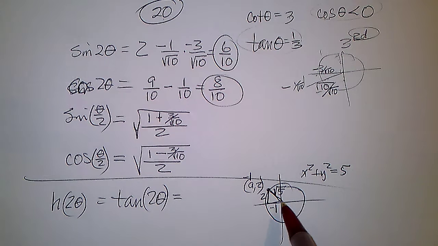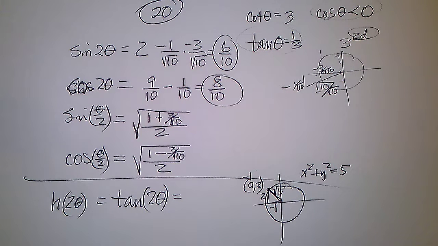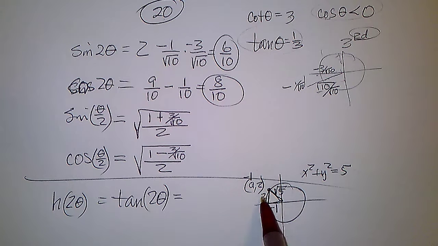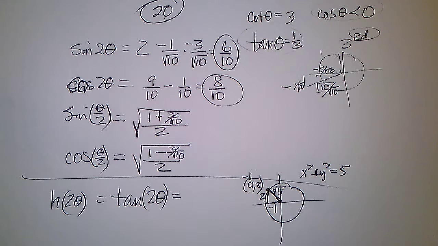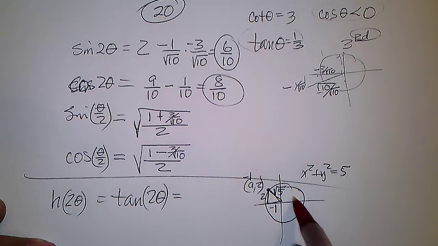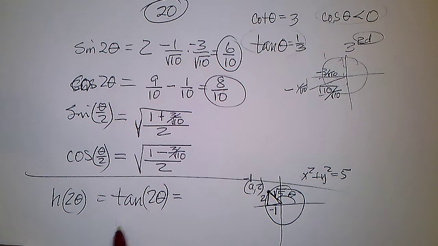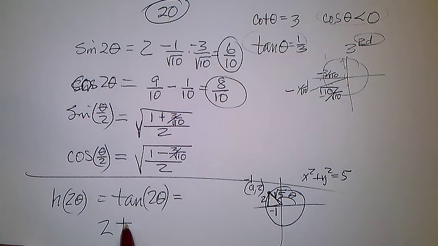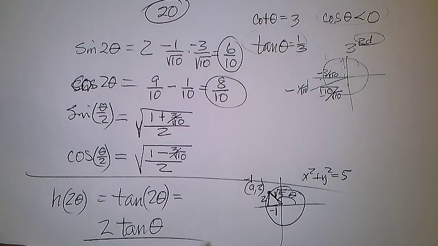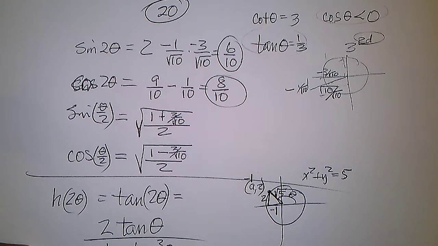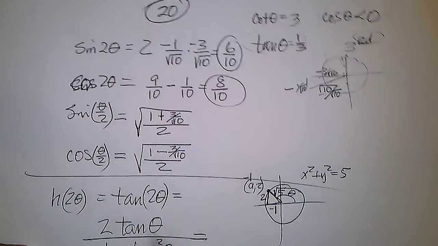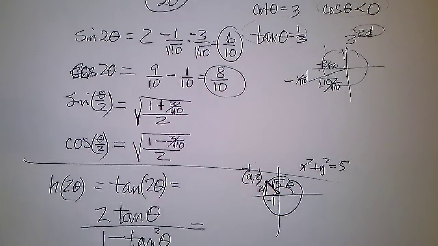So now I can find the sine, cosine, and tangent of the angle. Tangent is 2 over the minus 1. And that was for theta on this one. Theta's right there. So the tangent of 2 theta is 2 tangent theta over 1 minus tangent squared theta. That's the formula that's in the book and that we derived in class.